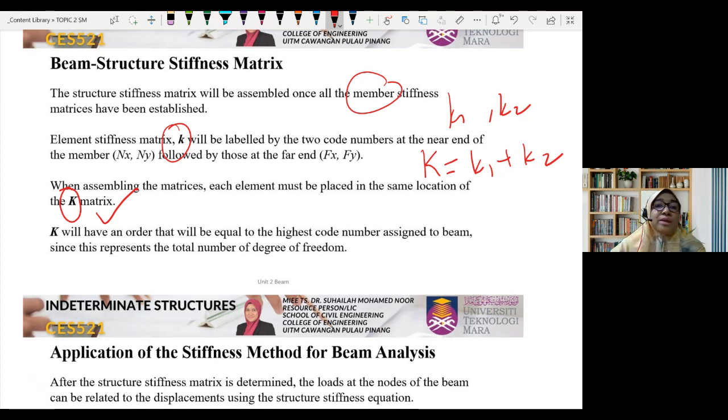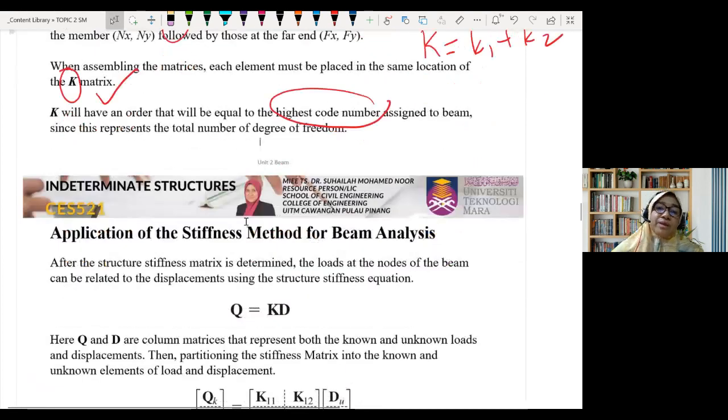Okay, and K we have to label in order. For the capital K, or the structure stiffness matrix, we have to label in order from 1 to the highest code number, to represent the total number of degrees of freedom.